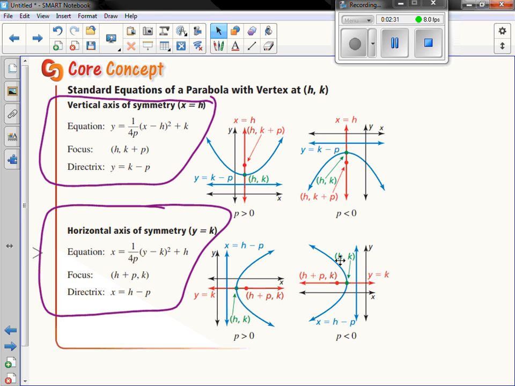Now, if you want to use the equations we did yesterday, where the vertex is 0, 0, not the origin, where the vertex is 0, 0, it works. It works just fine. Because if you remember yesterday, the focus was 0, comma p, yes? For both, or p, comma 0. Well, if I plug 0 for h and k, well, this would be 0, and 0 plus p is just p.